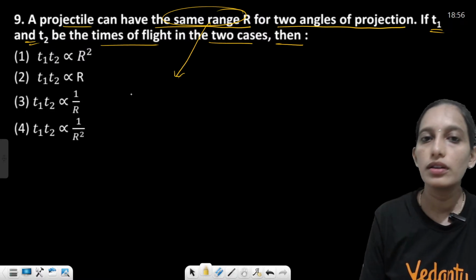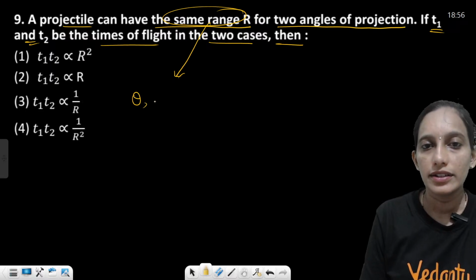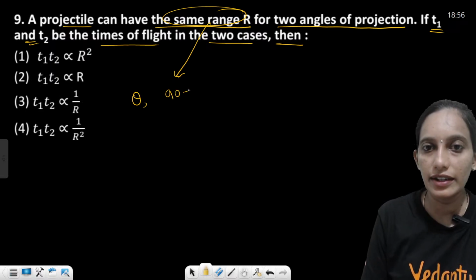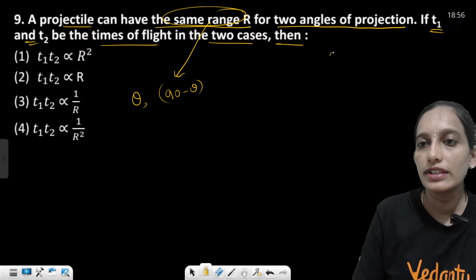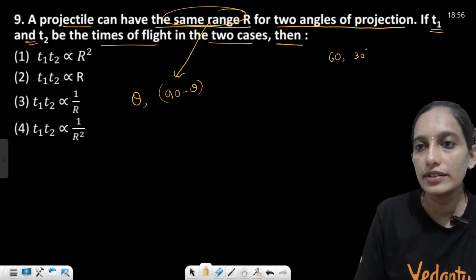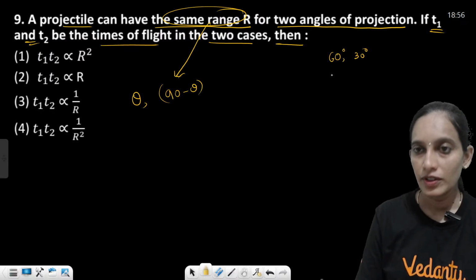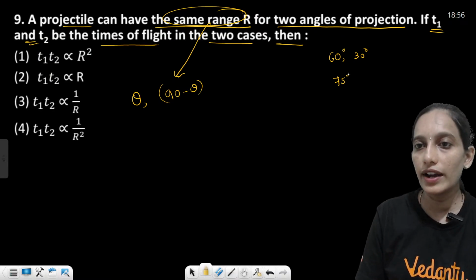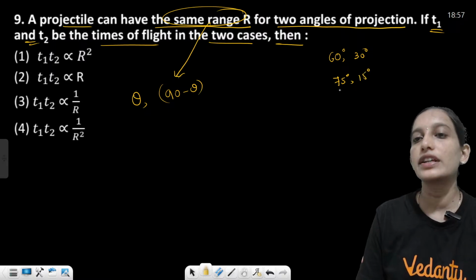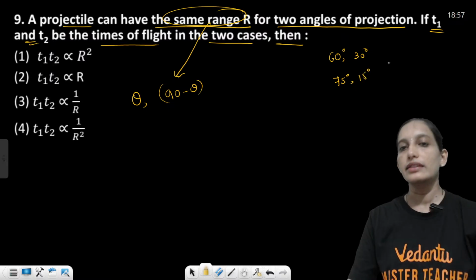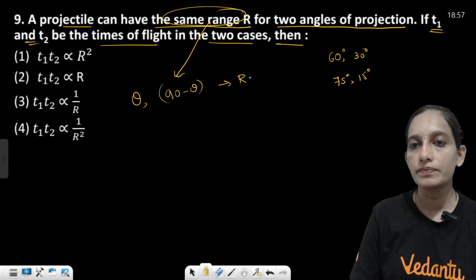It is for complementary angles. That is, one angle must be theta, the other angle must be 90 minus theta. So it's like 60 degrees and 30 degrees, which are complementary angles, or 75 degrees and 15 degrees. Then the ranges are going to be the same.